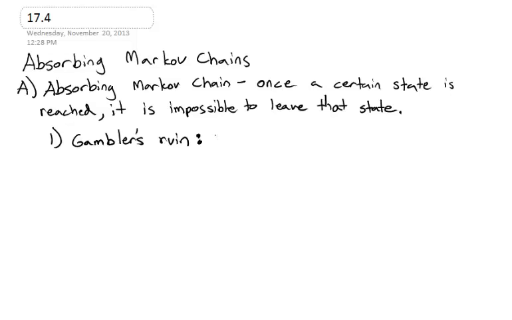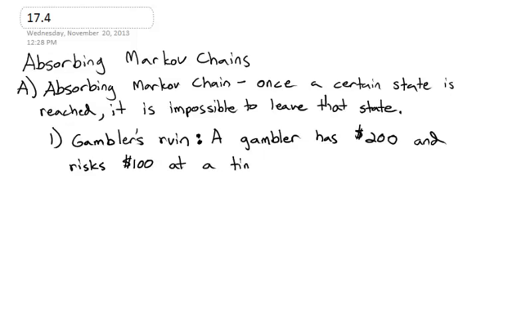Here's the story. A gambler has any amount of money. We're going to say $200. And he risks $100 at a time until he is broke or has, well, let's say $400.